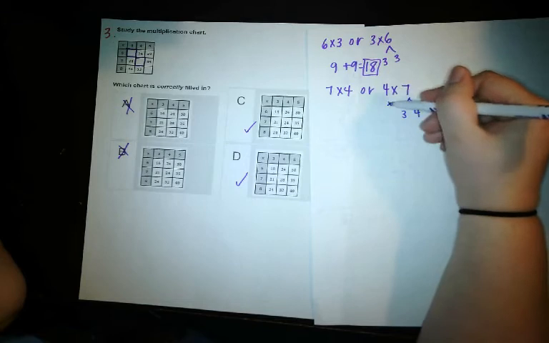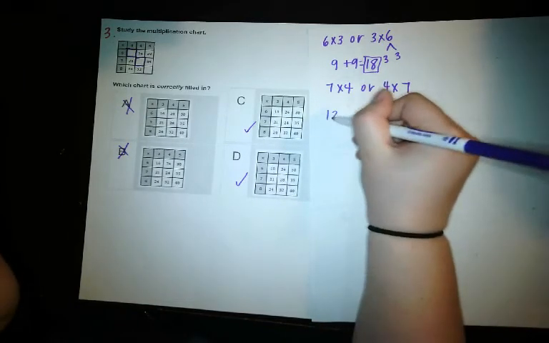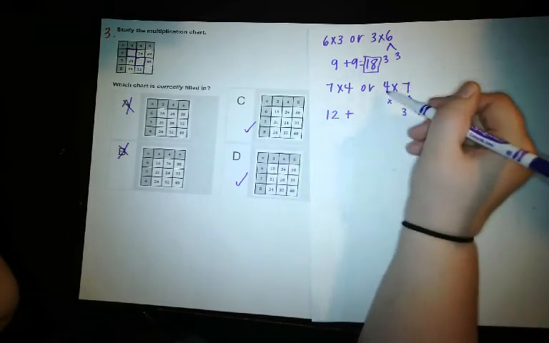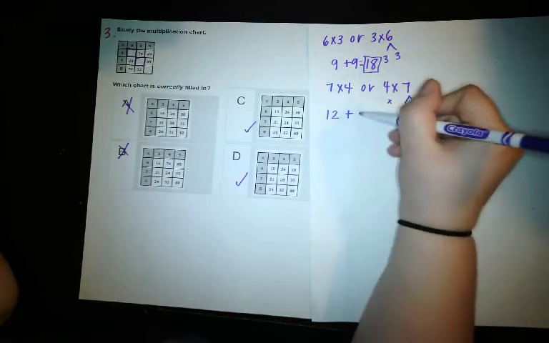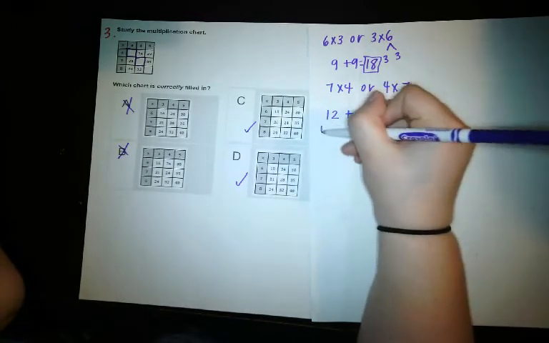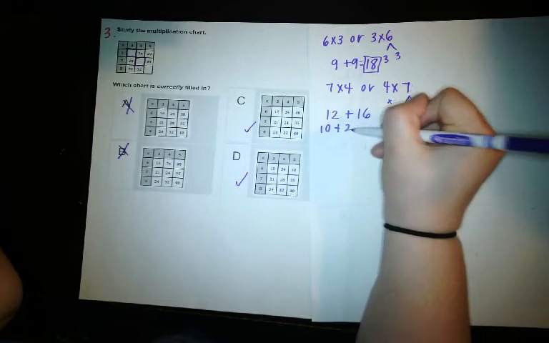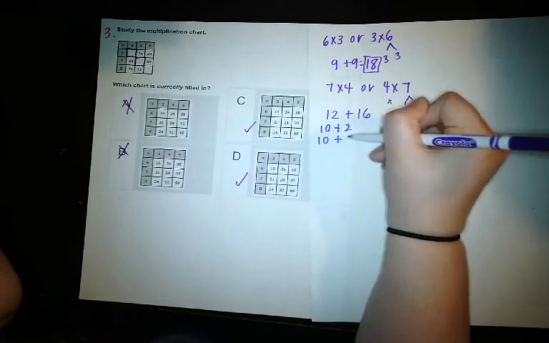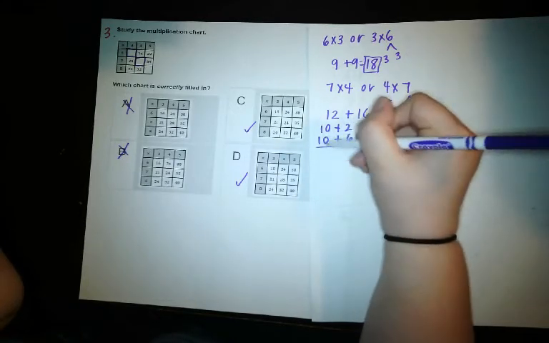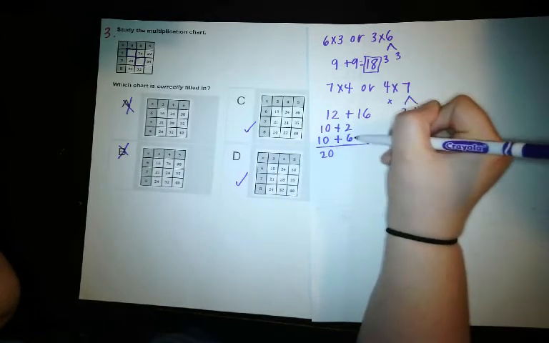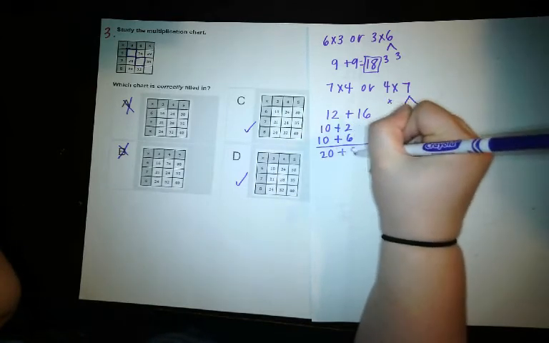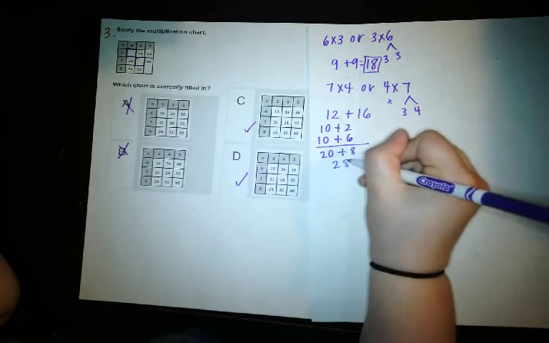So 4 times 3 is 12 plus 4 times 4, which is 16. So we have 10 plus 2 and 10 plus 6. 10 plus 10 is 20. 2 plus 6 is 8. So put it together, that's 28.